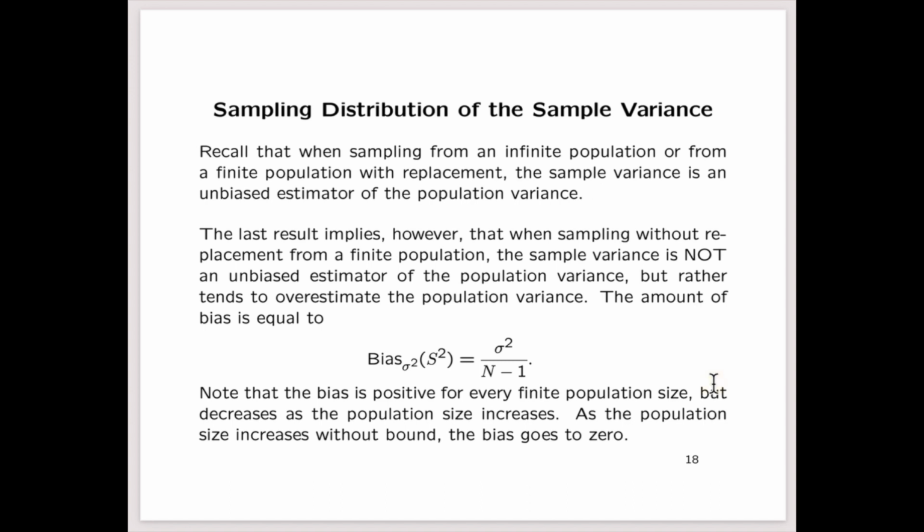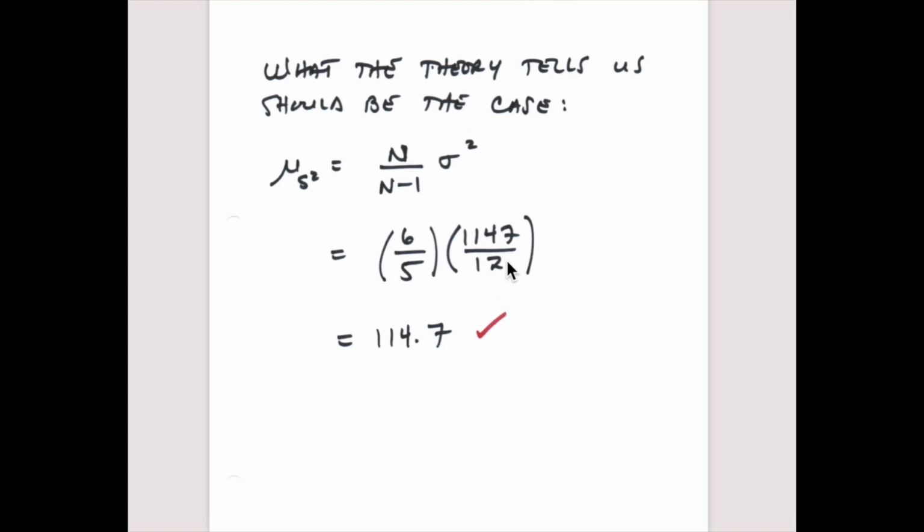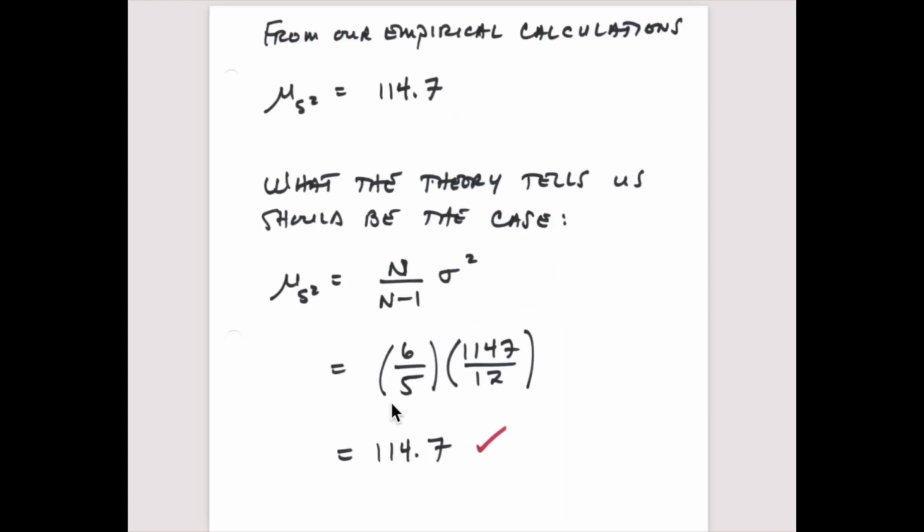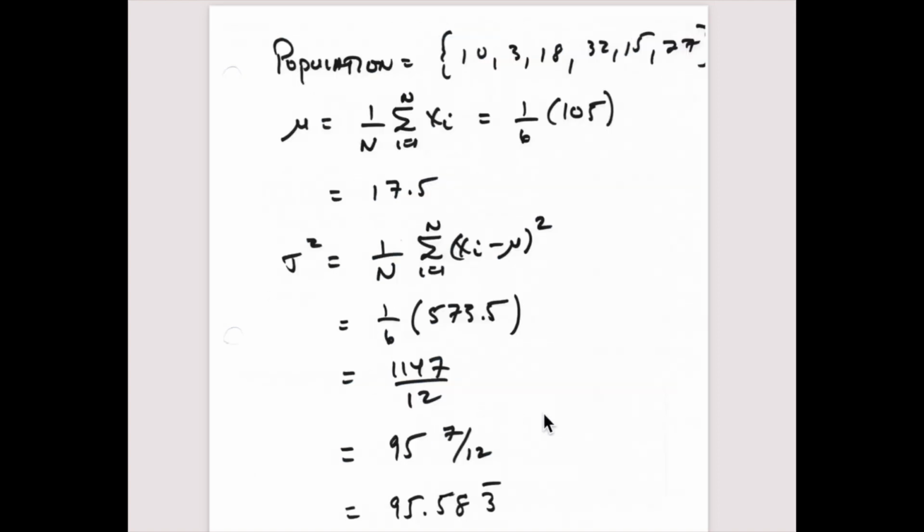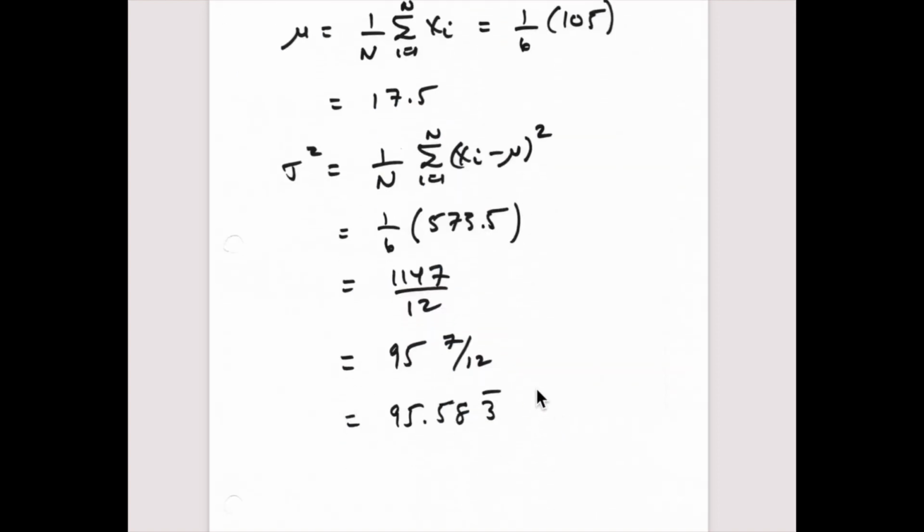Now, why are we saying that? Well, again, we've shown here, both empirically and using the formula given by the theory, that the mean of the sampling distribution of the sample variance in this situation is 114.7. But now, what was the variance of the underlying population? The variance of the underlying population is 95.583.